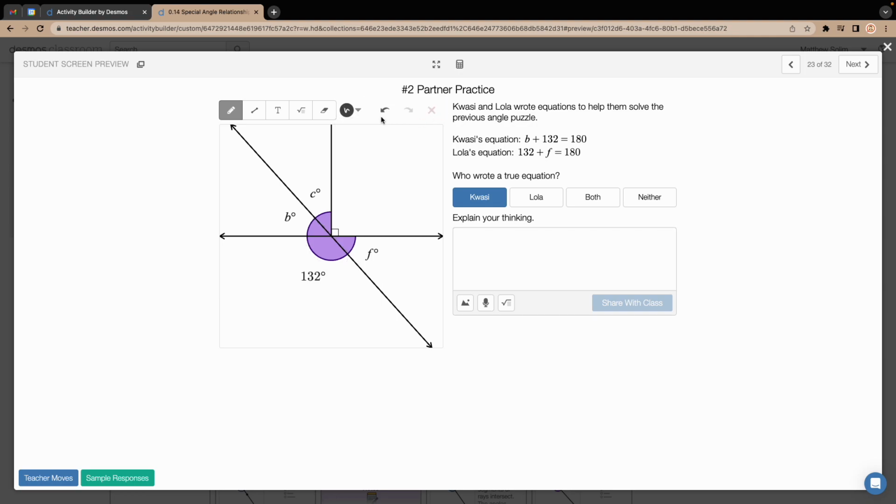Let's see what Lola did. So Lola said 132, this angle, plus F is also 180. Since that's a straight line, that's also true. So they are both right. Both of those make a straight line. Lola's line is here, so 132 and F. And then Kasai's line was here, and 132 plus B also makes a straight line.